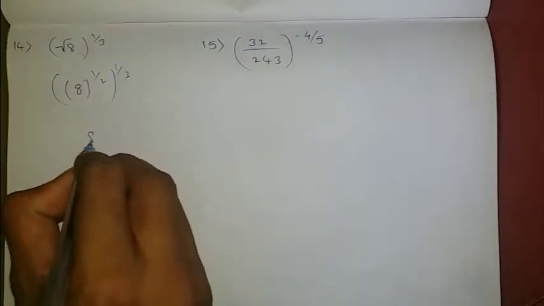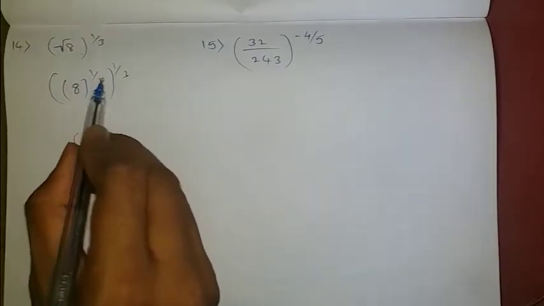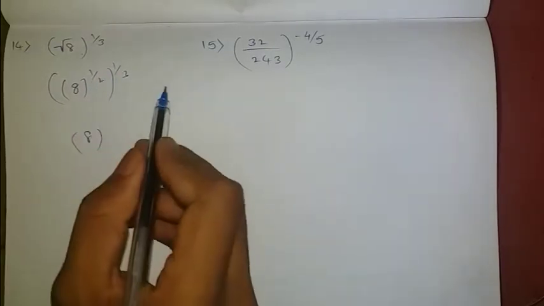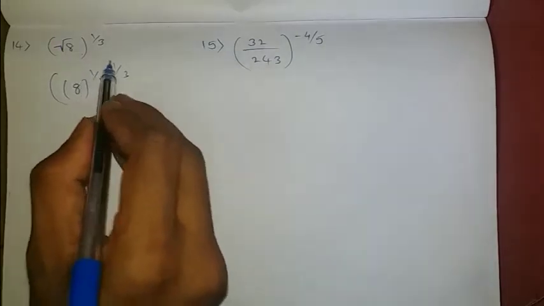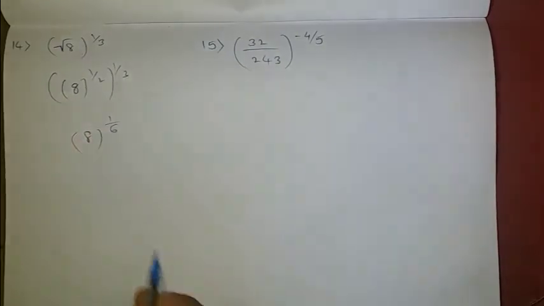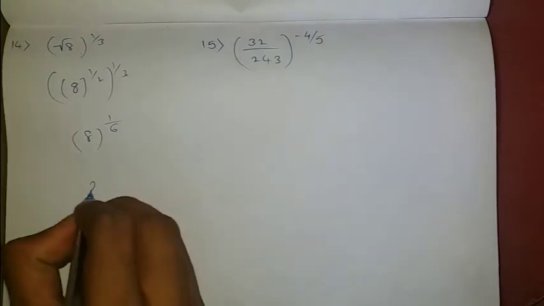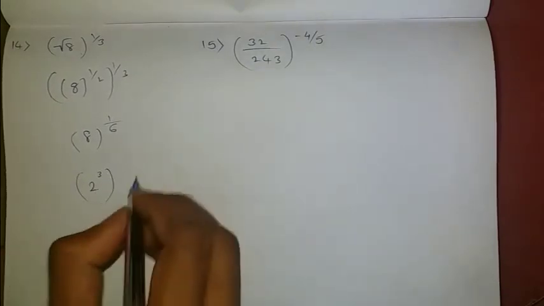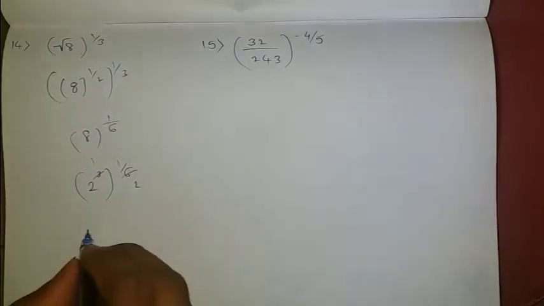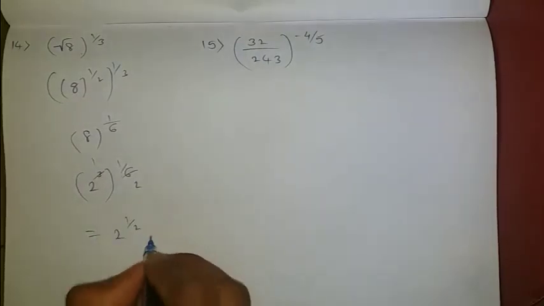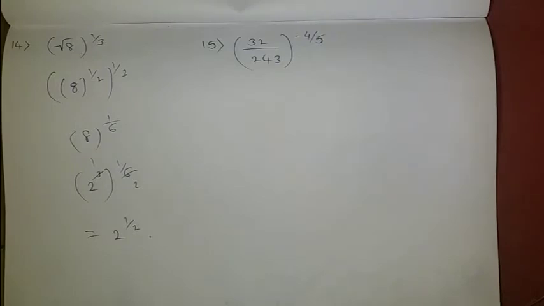Two powers, so we need to do multiplication: 1 into 1 is 1, 2 into 3 is 6. Now 8 can be written as 2 cube, whole power 1 by 6. 3 ones are 3, 3 twos are 6, so our final answer is 2 power 1 by 2.